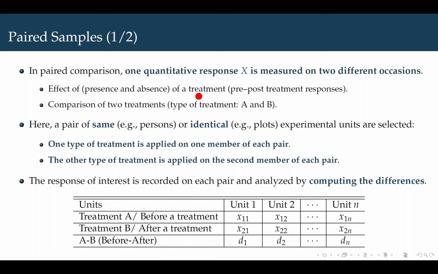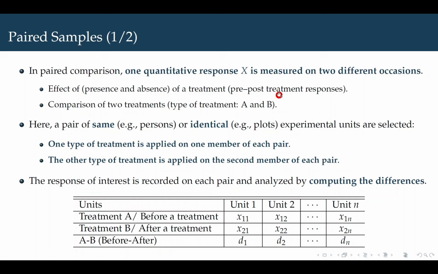In this case, the response of interest will be recorded before applying the treatment of interest, and then that response of interest will also be recorded after applying the treatment of interest. So here the objective is to determine the impact of the presence and absence of a particular treatment, and this will yield a response which is called pre-post treatment.